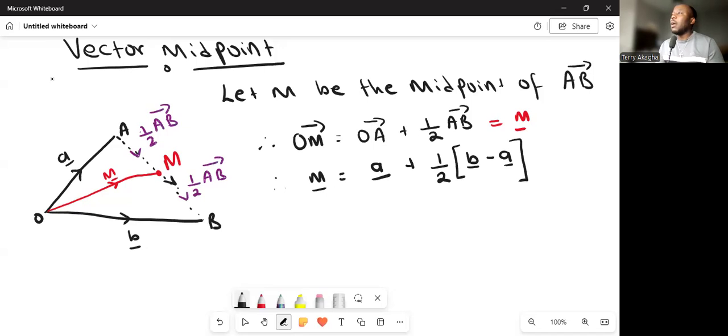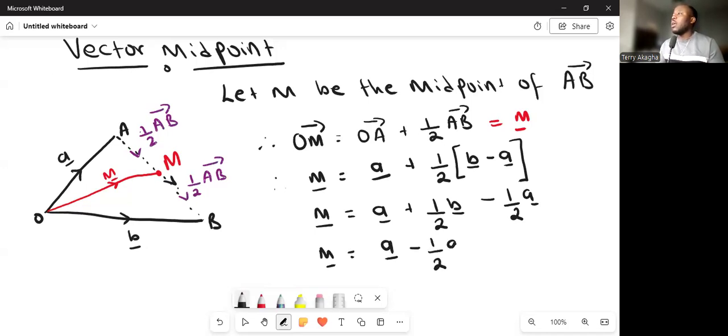Now, we open the bracket. The midpoint M will be equal to A plus 1 over 2B minus 1 over 2A. We collect like terms. So M will be equal to A minus 1 over 2A plus 1 over 2B.